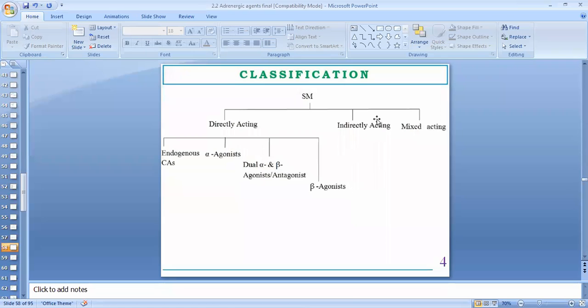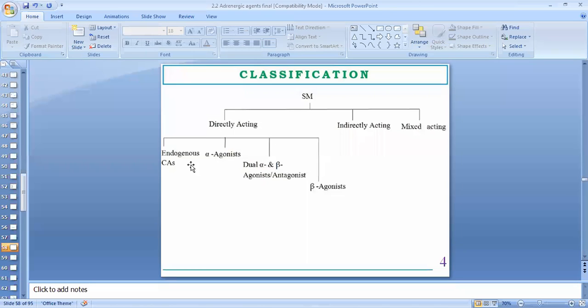Now we are proceeding further to the sympathomimetic drugs. The classification we have already discussed yesterday: directly acting, indirectly acting and mixed acting sympathomimetic drugs.